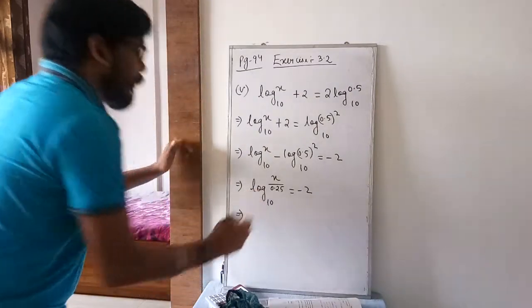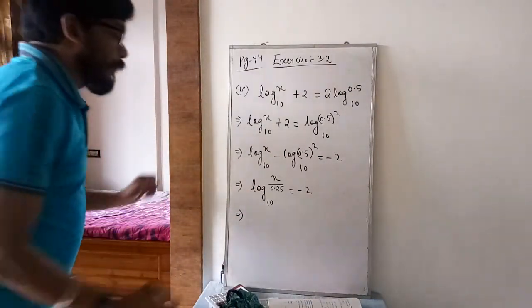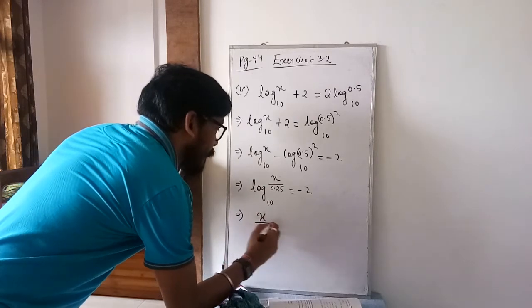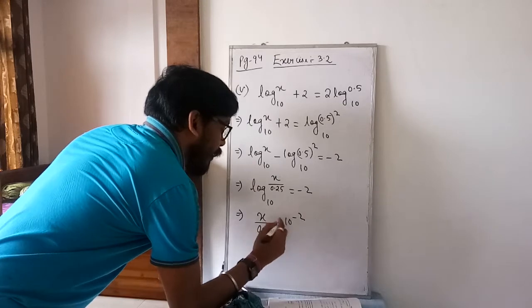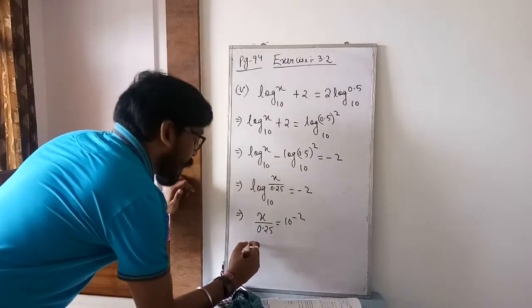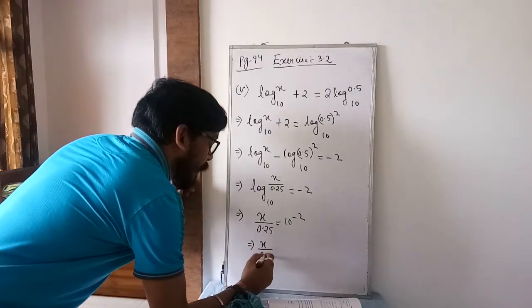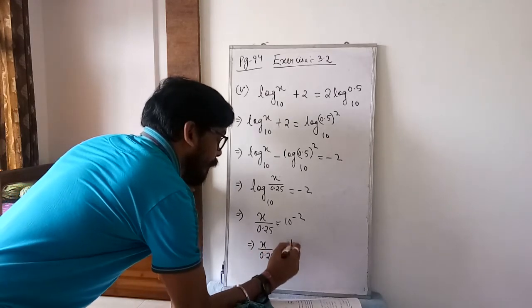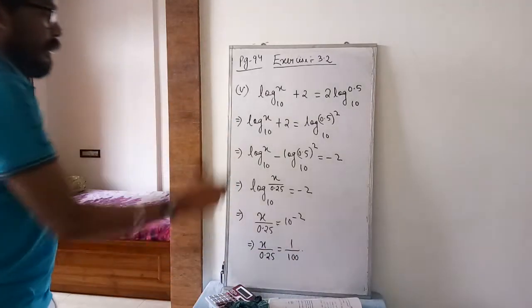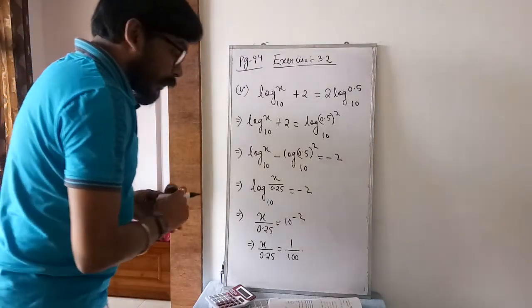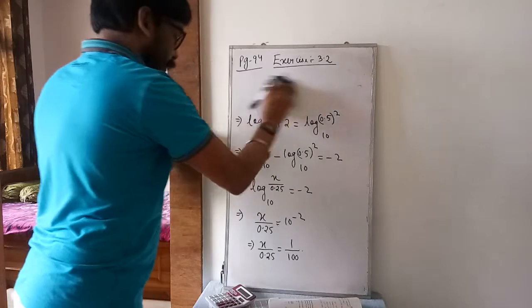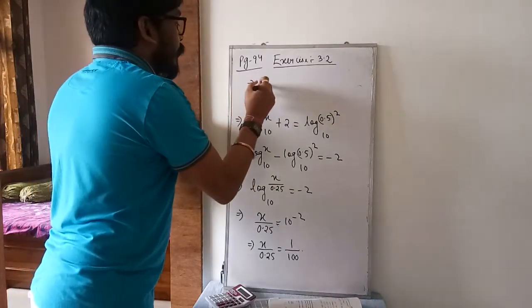Now I will remove this log by converting into index form. So x by 0.25 equal to 10 to the power minus 2, which is x by 0.25 equal to 1 by 100. Take the screenshot. I will rub the upper part. Now I have to find the value of x, so I will cross multiply.